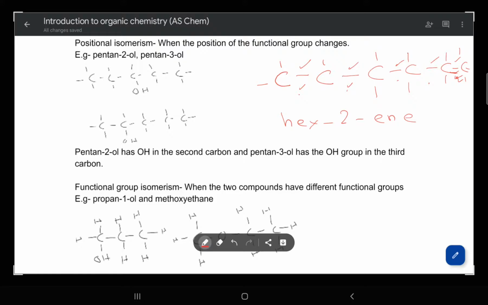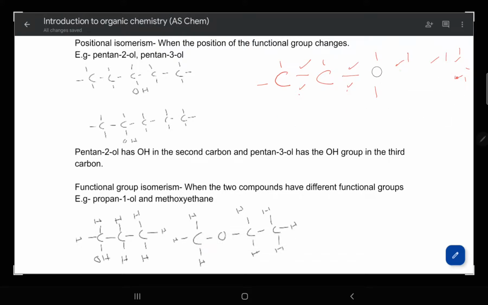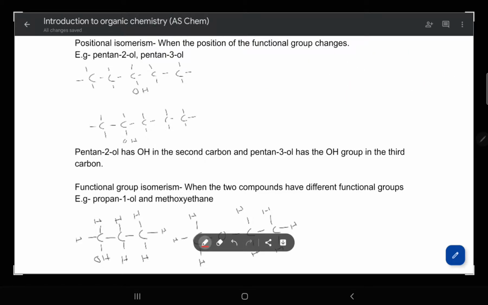Now, branch chain and functional group isomerism can both happen together, chain isomerism and functional isomerism. So how many possibilities can we get? We can have a carbon carbon double bond over here, 1, 2, 3, 4, and this could end up being a CH3. What am I going to call this? Because there is a methyl group and also a double bond, there are going to be 5 carbons in the straight chain, so we are going to call it pent.